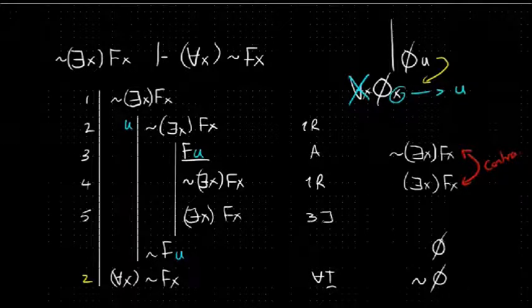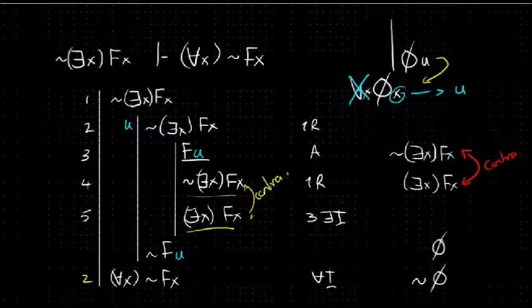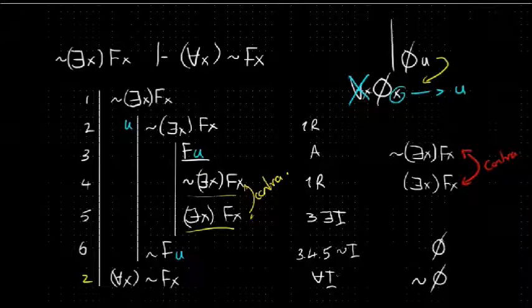That's 3. Existential introduction, and there we go. There is our contradiction. These two are contradictory. So then we can write on line 6 our not fu, and that's going to be from lines 3, 4, and 5, and a negation introduction.